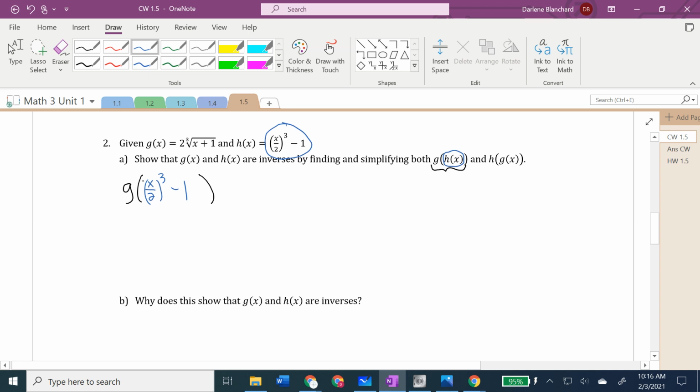Then I want to realize that all of this in the parentheses has to go into G's x. So what I'm going to do for that is I'm going to write out the G function but where I have an x, I'm going to have a parentheses. And then in that parentheses, I'm going to put the x over 2 cubed minus 1.